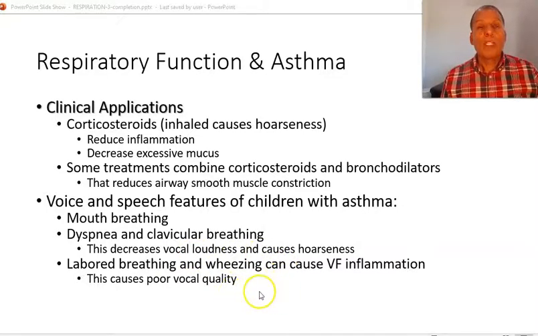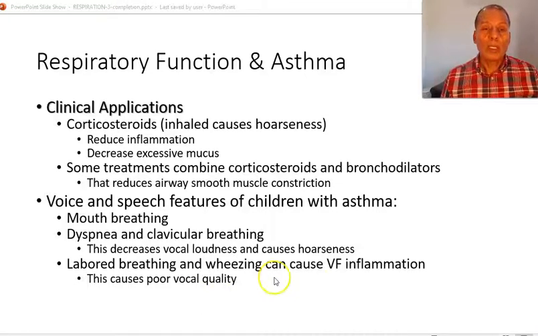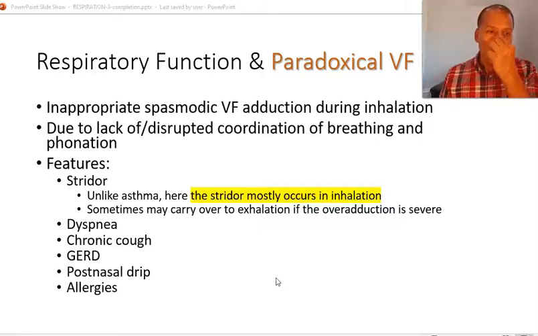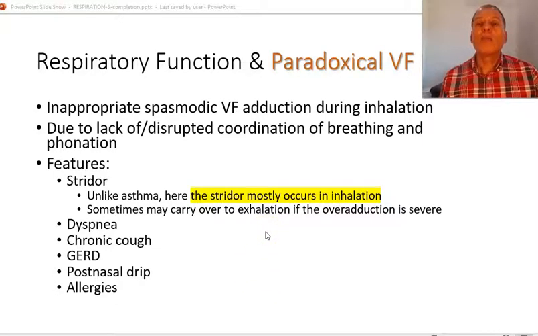They also have labored breathing and wheezing at times that causes vocal fold inflammation, and that, of course, will cause poor vocal quality. And these are the things that we, as SLPs, work on.